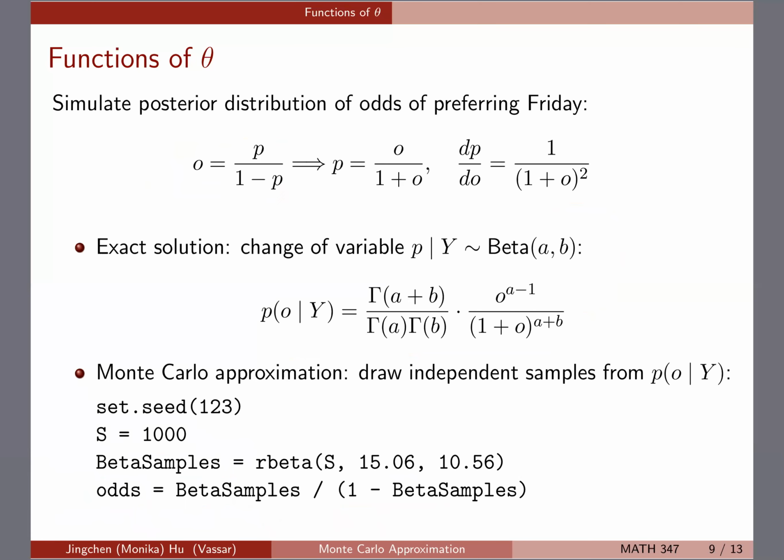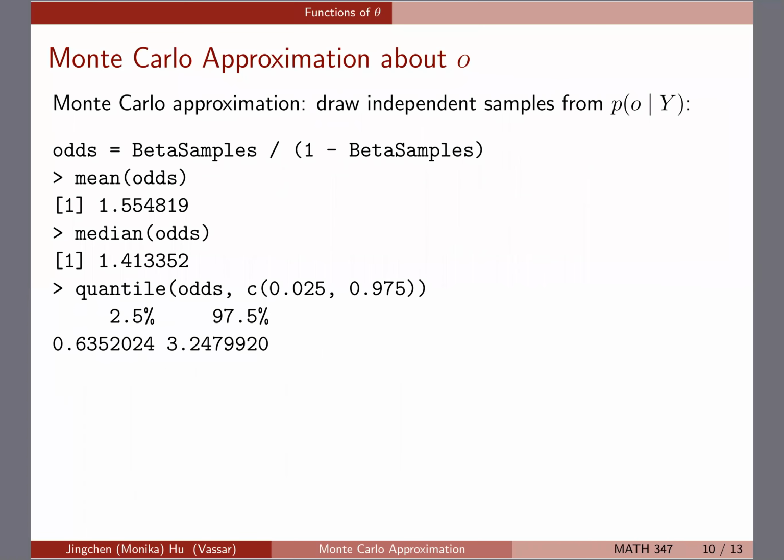To summarize it, not surprisingly, you just do whatever you're curious about. For example, if you use the mean function, you will get a good approximation to the mean of the odds. The median function is available. And if you want a 95%, middle 95% credible interval, you can get that as well.